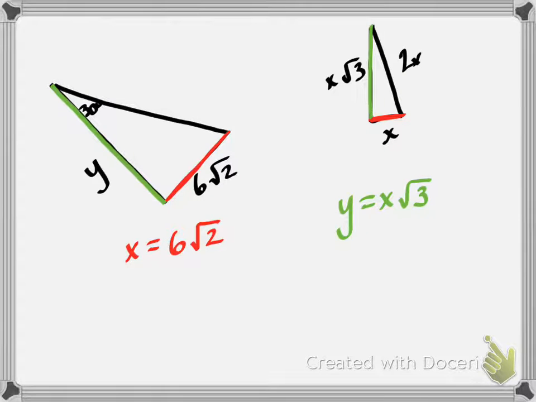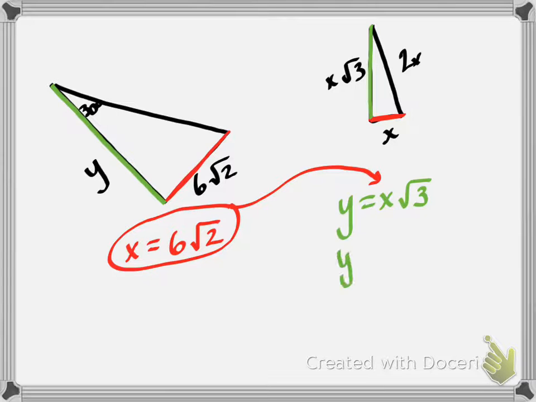Well, unlike the previous problem, we now know what x is. We now know that this can get substituted into that x right there. So here's what we're going to do. We're going to go y equals, and then we're going to replace that x with 6 square root 2 times the square root of 3.